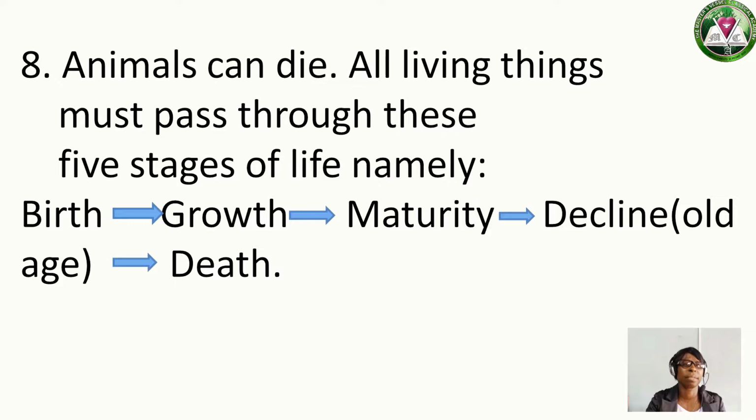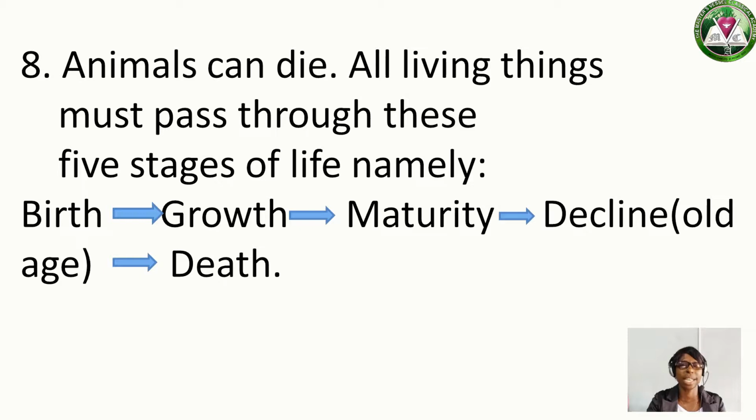Number 8. Animals can die. All living things must pass through these 5 stages of life, namely birth, growth, maturity, decline, that is old age, and finally death.